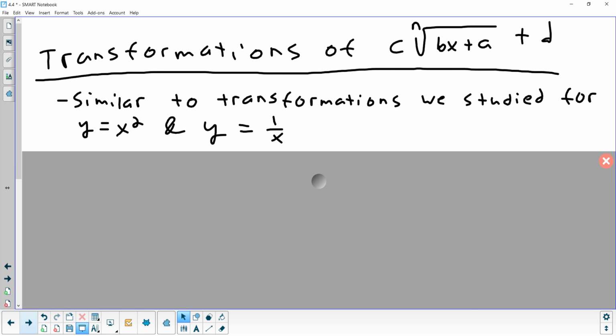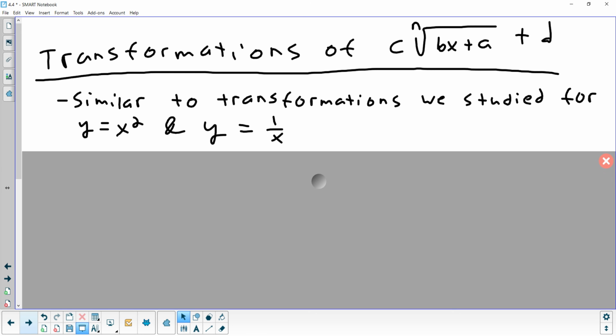Now C is multiplication like B, but C is on the outside. So what does multiplying by a number on the outside of the function do to it? Yep. Vertical stretch. And it is exactly what you would expect. If you multiply by a number like 5, that's a vertical stretch by a factor of 5. If you multiply by 10, vertical stretch by 10.